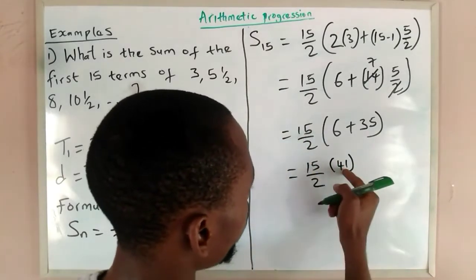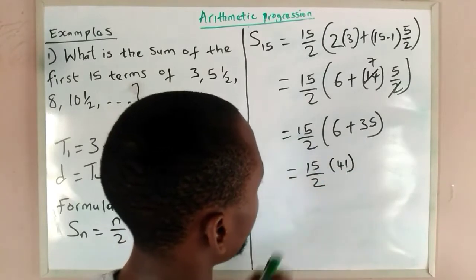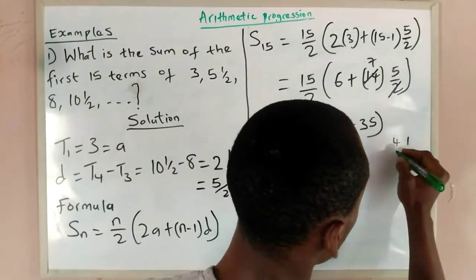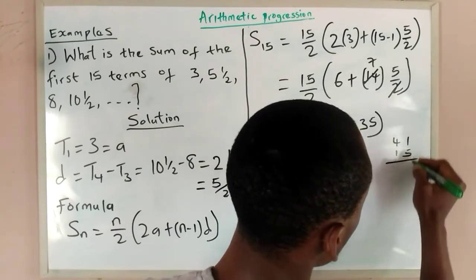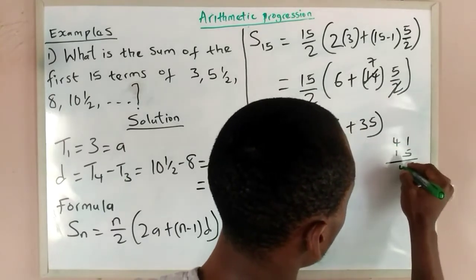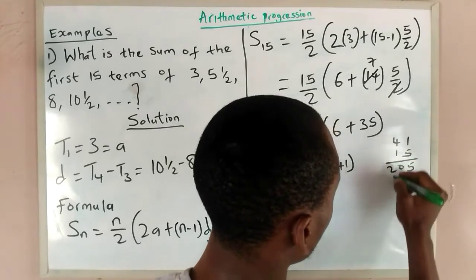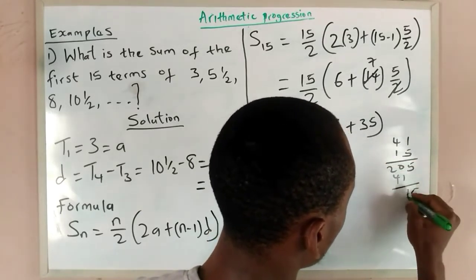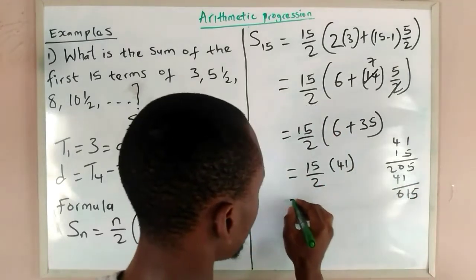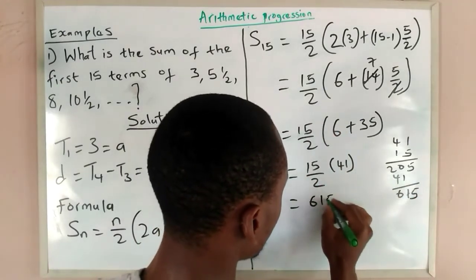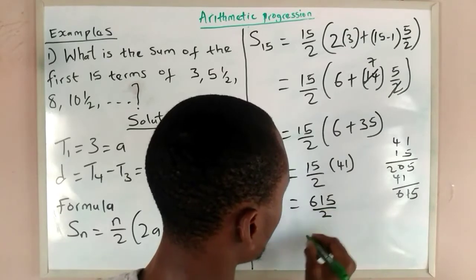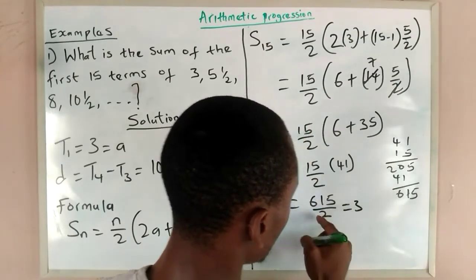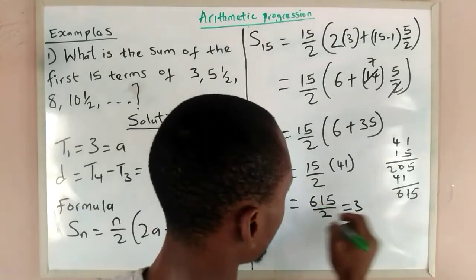So now we are going to multiply these two together. That will be 41 times 15, which gives us 615. So this will give us 615 divided by 2, and that's the same thing as 2 in 6, that's 3, 2 in 1, that's 0, remainder 1.